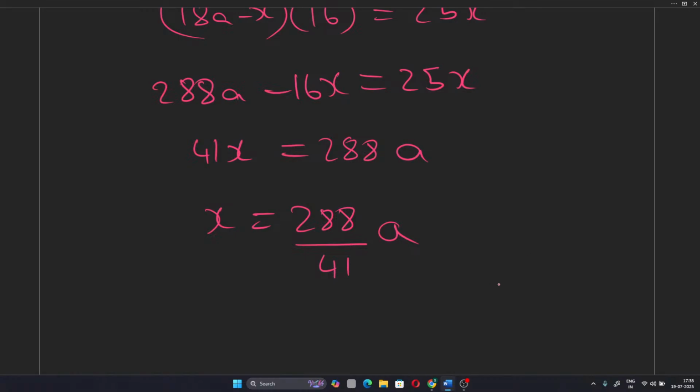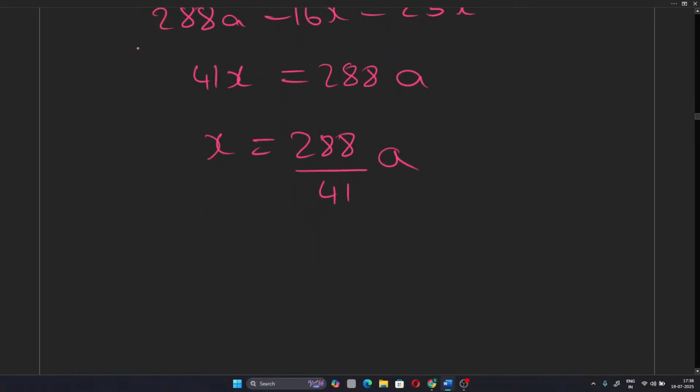which I think should come to be around 8a. 41 into 8 is 328.